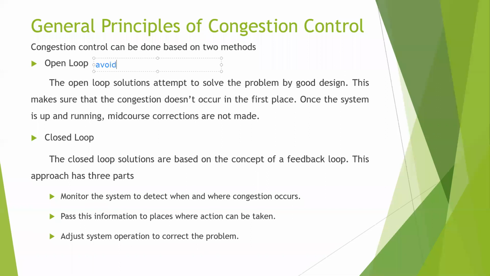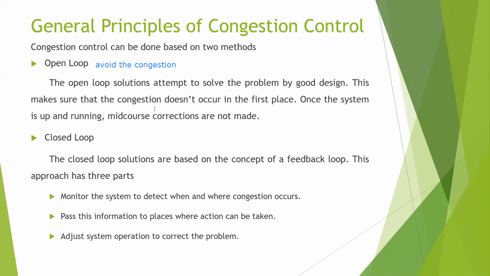Here, we can avoid it by means of a good design. How we design the subnet is such that congestion doesn't occur, before we start transmitting our packets in the frame.